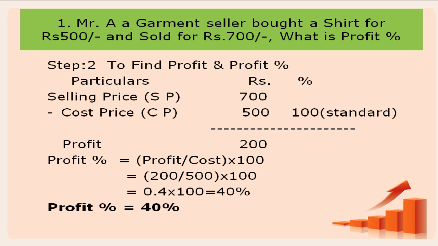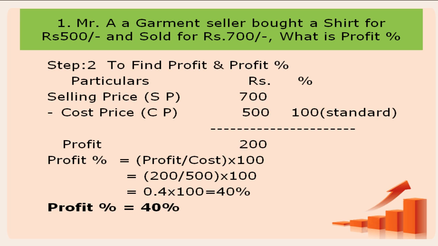Now we are going for the next step. In this step we are going to calculate the profit and profit percentage. Here selling price in rupees is 700, cost price in rupees is 500. Therefore profit is equal to selling price minus cost price, that is equal to 700 minus 500, that is equal to 200. For all the given situation, cost price percentage remains as 100.